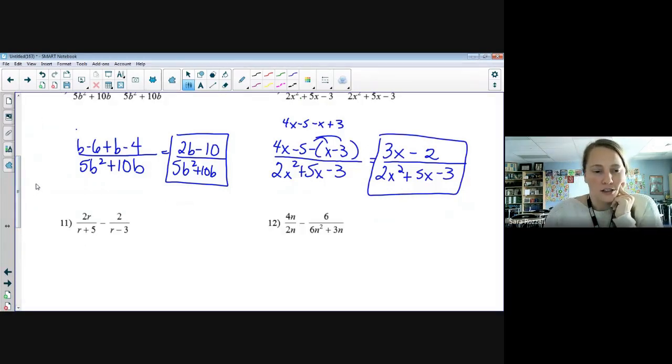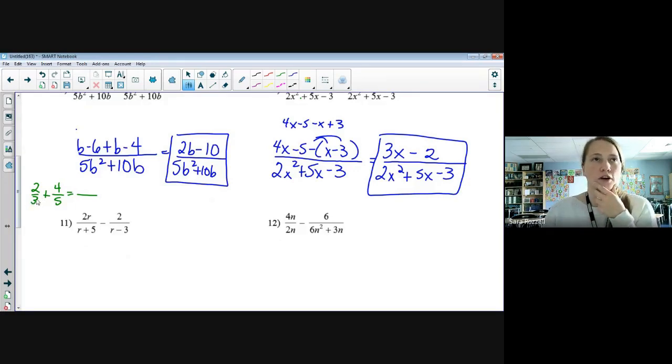If I had 2/3 plus 4/5, I first have to have a common denominator, right? What's my common denominator between 3 and 5? It's 15, okay?